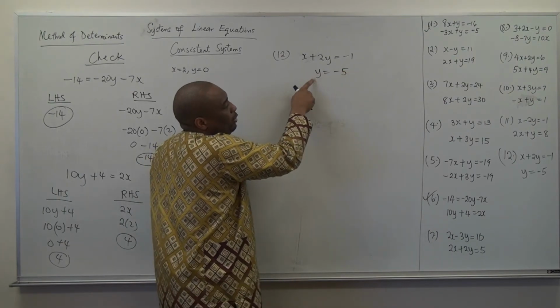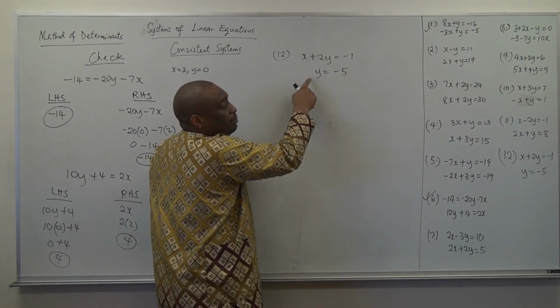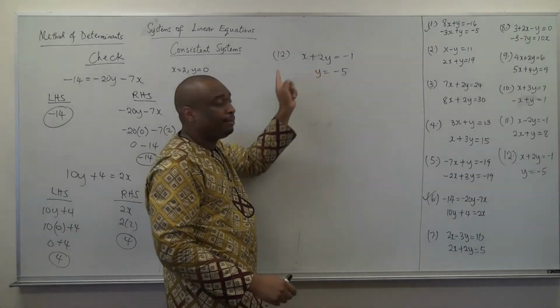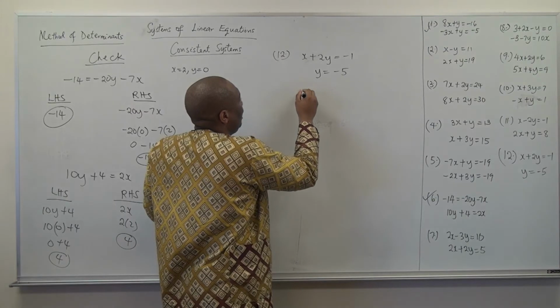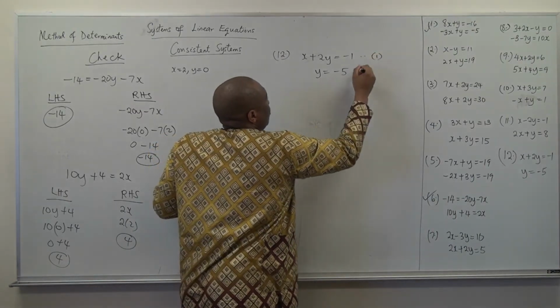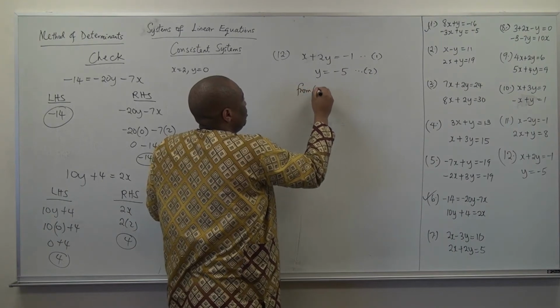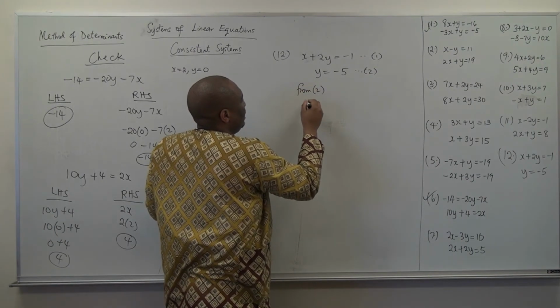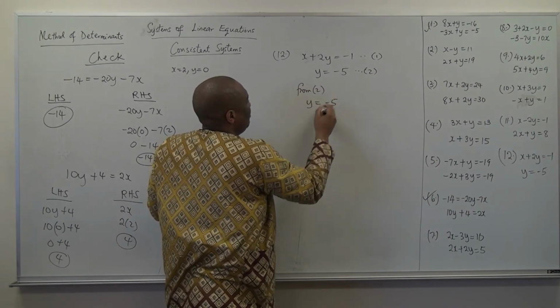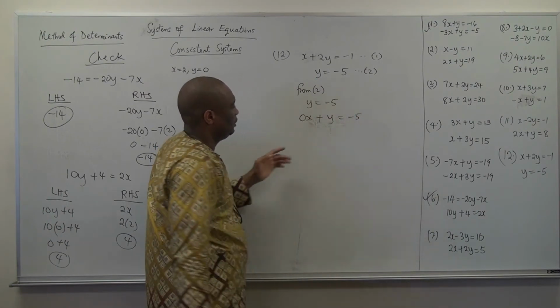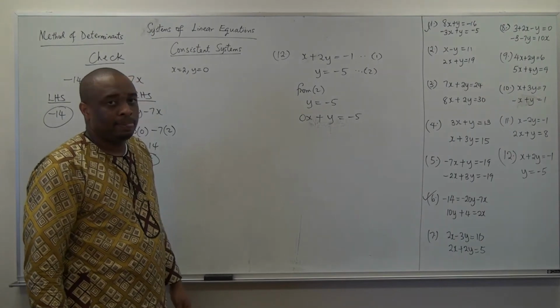Okay? What you have to do is rearrange this, you want to put something here. So if you call this equation 1, equation 2, from equation 2, we now have that y is negative 5. You can put 0x plus y equal to negative 5. You can have it like this.